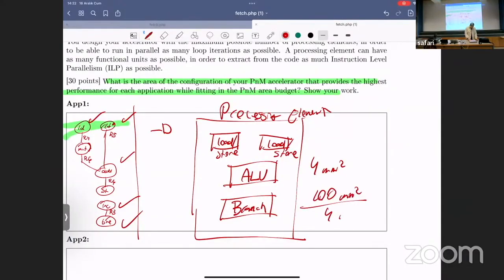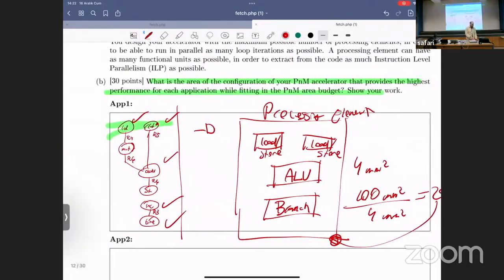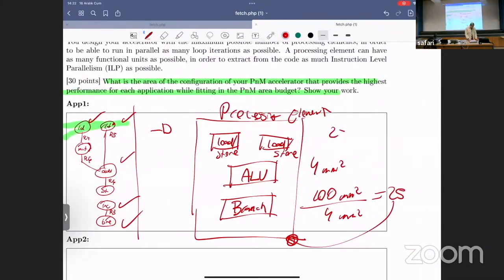Then you divide by 4. You can have 25 of those. So the area you're going to utilize in the end is 25 times 4 millimeters squared, which is a 100 millimeter squared solution.